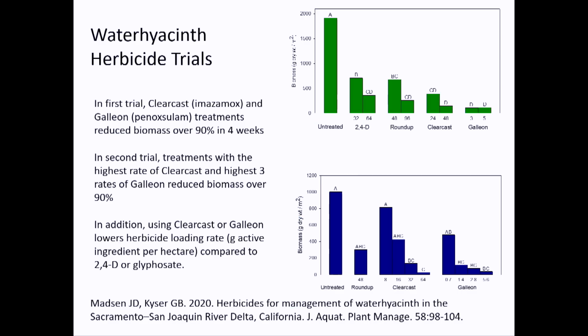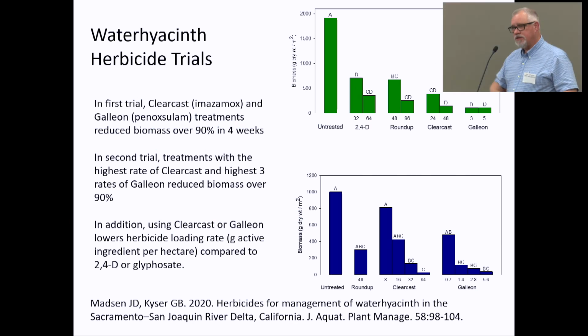I'm digging a hole for myself time-wise. Let's go to some specific examples in the Delta. This is for water hyacinth control. This would similarly be true for water primrose. We did 2 studies in the Delta at an undisclosed location. We tested 4 herbicides.